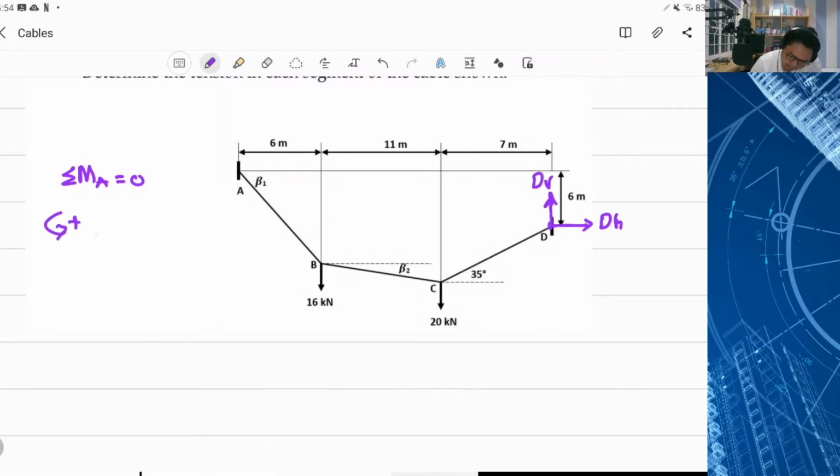DH times 6, the moment arm, plus DV times how much? 7 plus 11 is 18, plus 6 is 24.